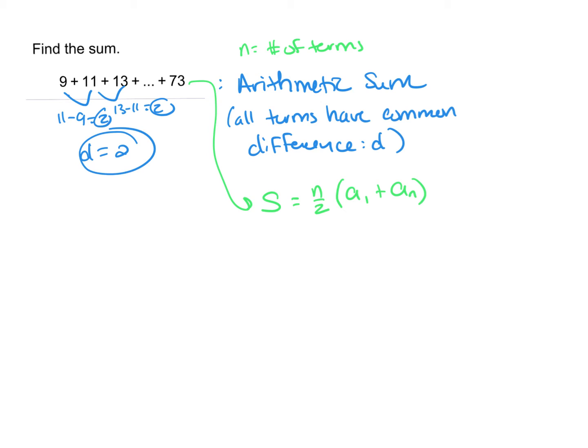Now there's a lot of pieces in this that we know. We know the first term is 9. We know the last term is 73. We just don't know how many terms are here because of the dot, dot, dot in the middle. So the big step is that we need to find, not D, we know D, we need to find n.